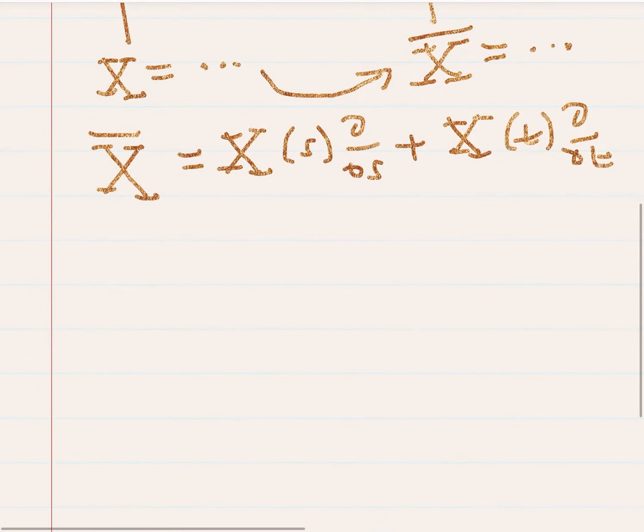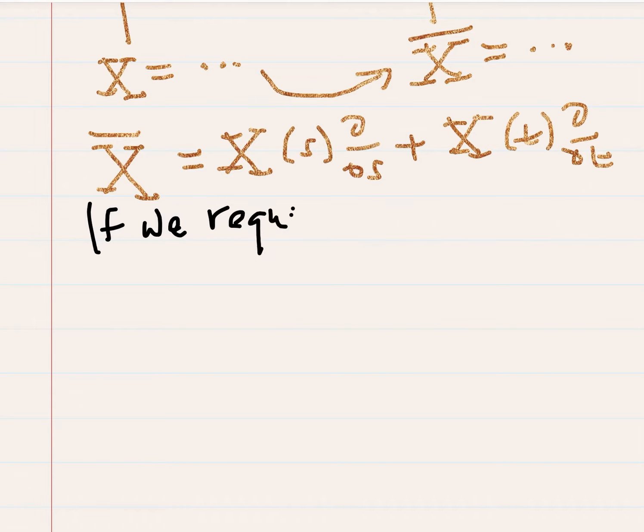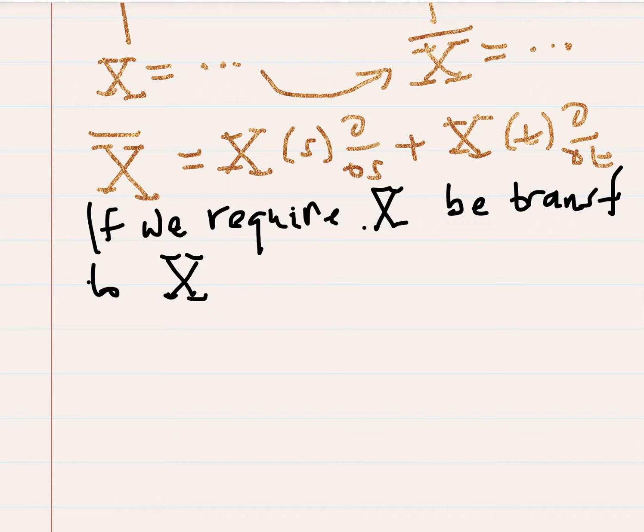So if we require that a translation, say, in the x, let's say X be transformed to X bar, but where X bar is translation in either s or t. So say we take translation in s. Then what do we have to solve?